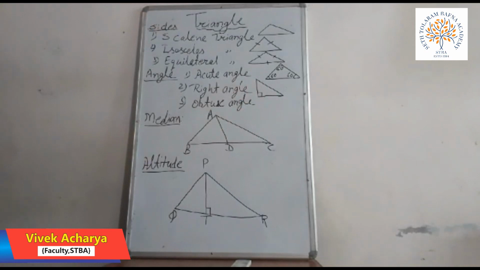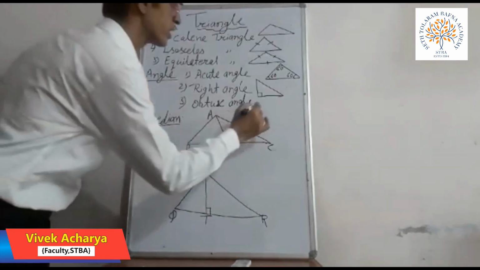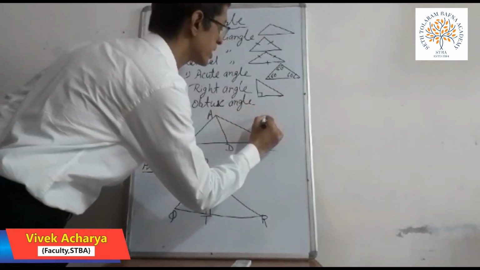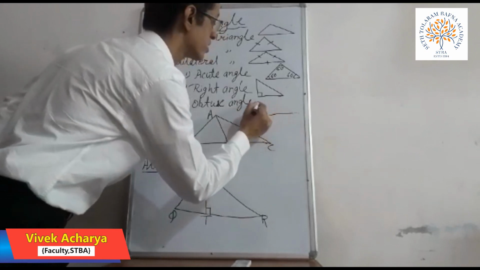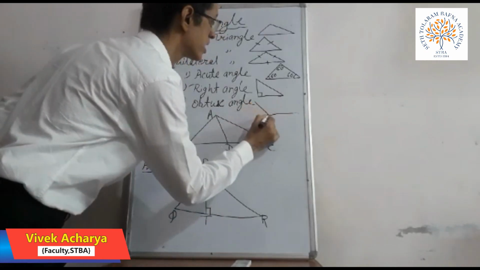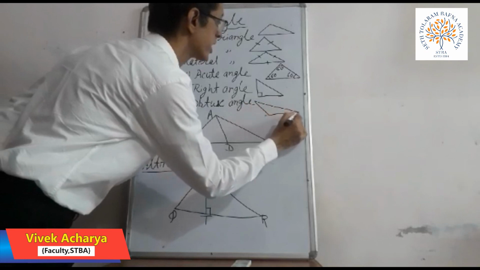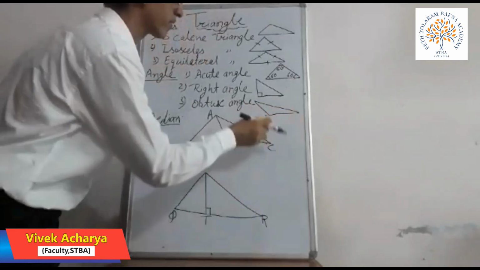And the third one is obtuse angle triangle. Obtuse angle triangle means a triangle in which one angle is more than 90 degree. It's called obtuse angle triangle. So we can make a figure of obtuse angle triangle in which one angle is more than 90 degree.